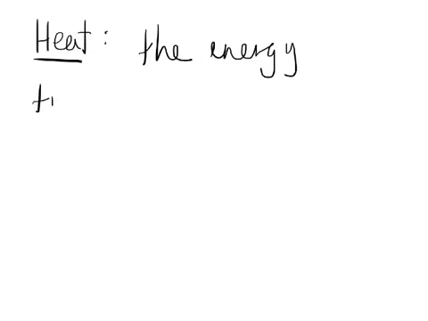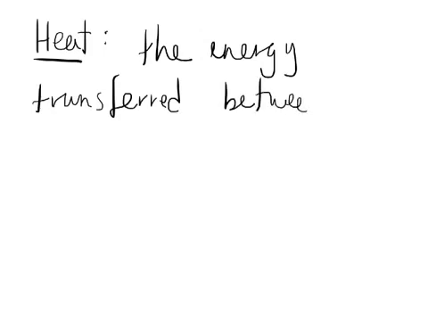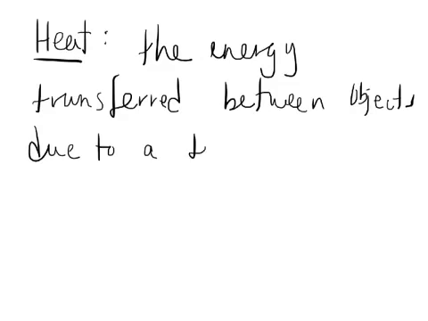Okay, the next thing we're going to look at is heat. Let's start by defining heat. Now, your textbook defines heat as the energy transferred between objects due to a temperature difference.